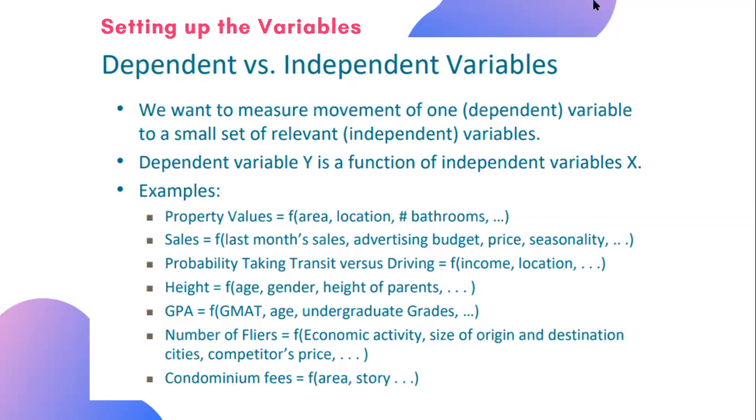It is dependent on a number of other x variables. And those x variables, as I mentioned, include the area, the location, the number of bathrooms, availability of light, availability of water, and so on and so forth. So in this example, there's one y variable, one outcome, the property price, but it's dependent on a number of different x variables.